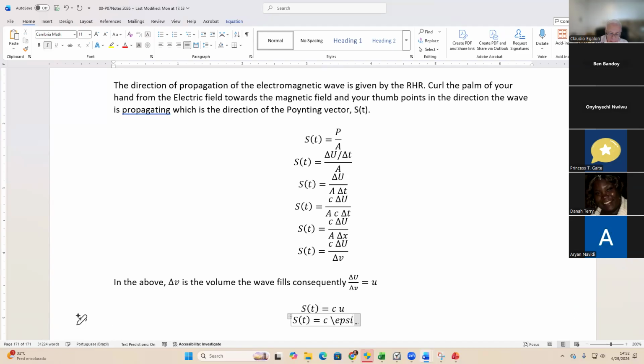We saw that u is epsilon naught times E squared, epsilon naught times E squared, and this is a function of time. We have a c here.